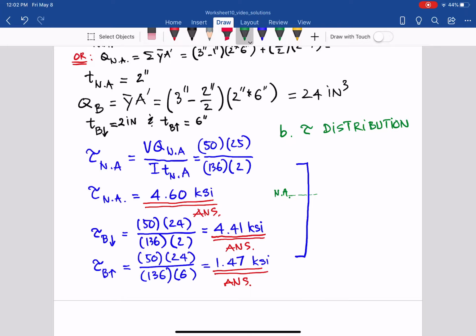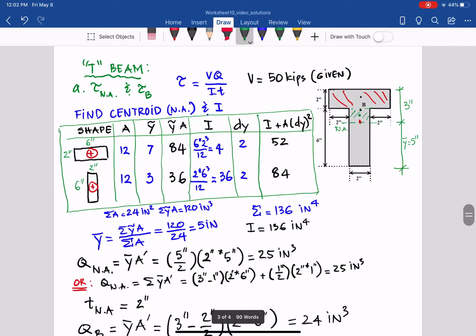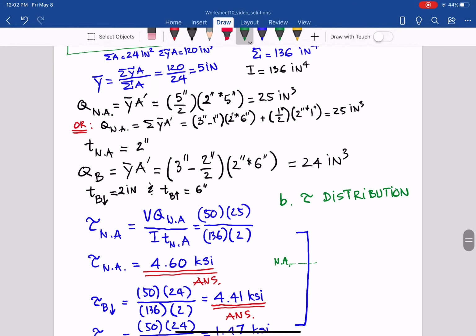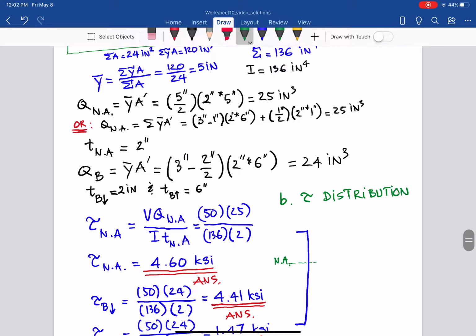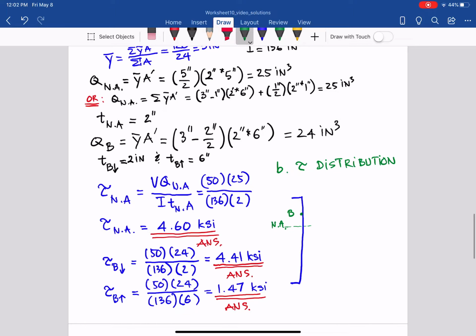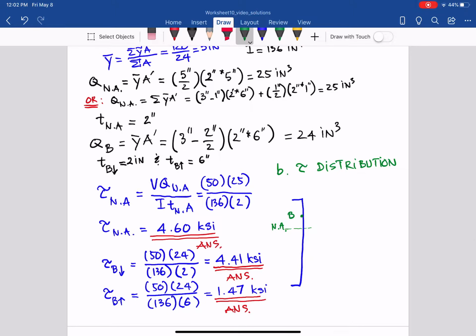And point B at the web-flange intersection, so point B is here. You can see that the whole thing is 8 inches. To the neutral axis 5, point B 1 inch, 2 inches, so totally 8 inches.